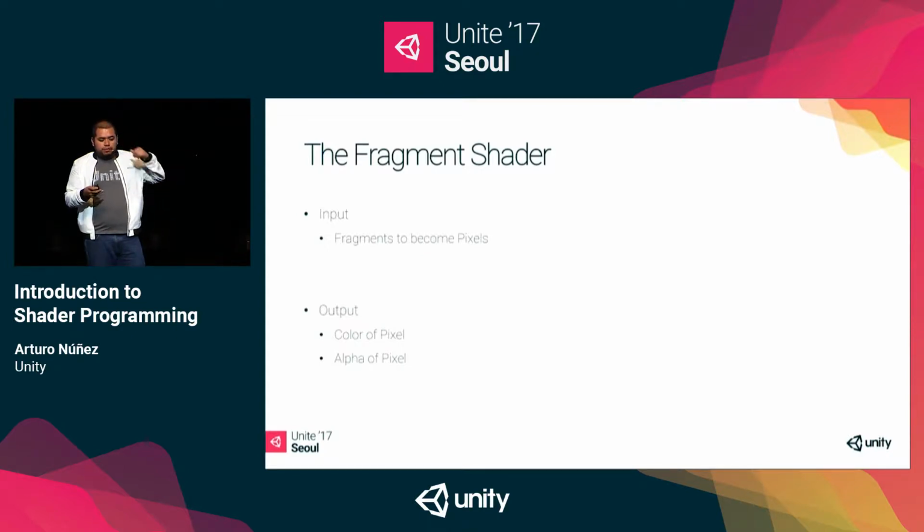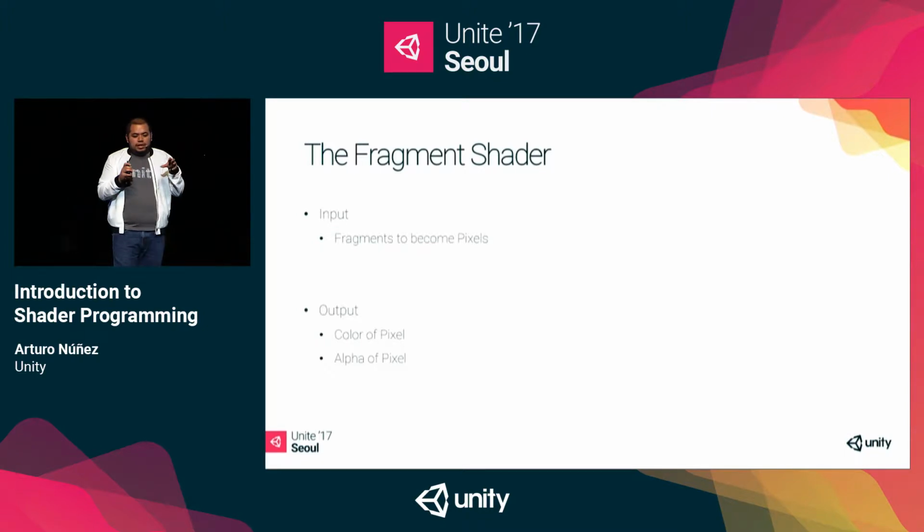And if we go a couple of slides back, we will see that when Unity is trying to see which objects or which colors it should render, those are called fragments. And we're going to transform them into pixels, into actual picture elements in a texture or on the screen. Okay? And the output is a color and the alpha of those pixels.